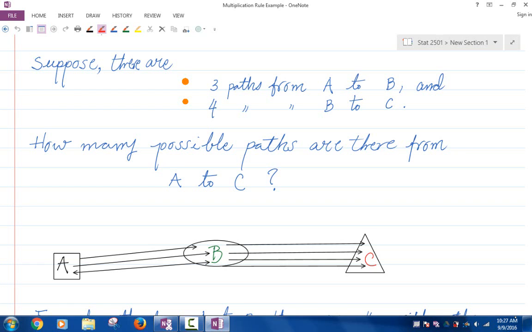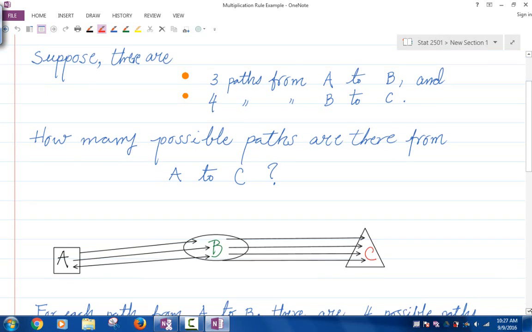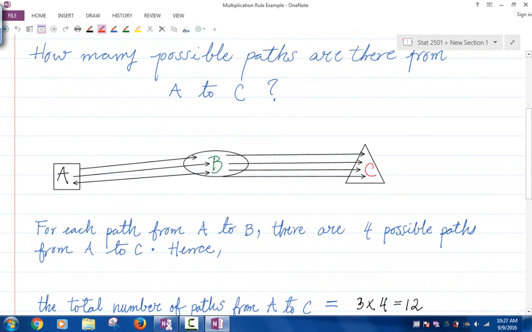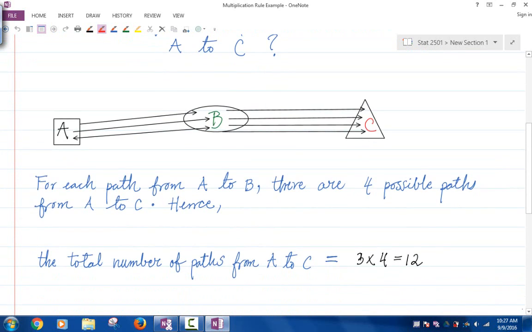So the answer here is that the total number of paths from A to C is 3 times 4, which is 12. Is that making sense to you? For every path from A to B, there are 4 possible paths from B to C. So the answer is 3 times 4.